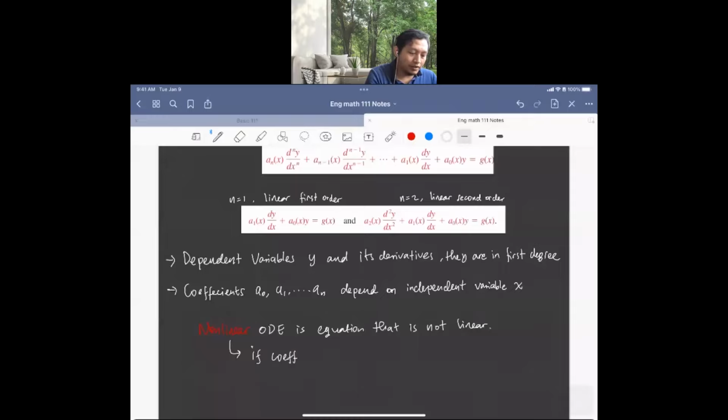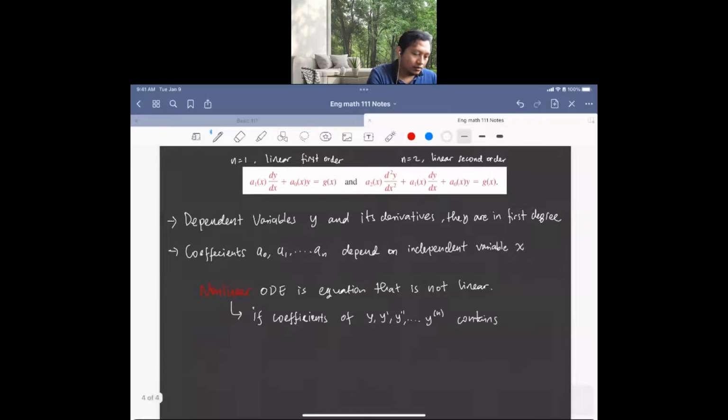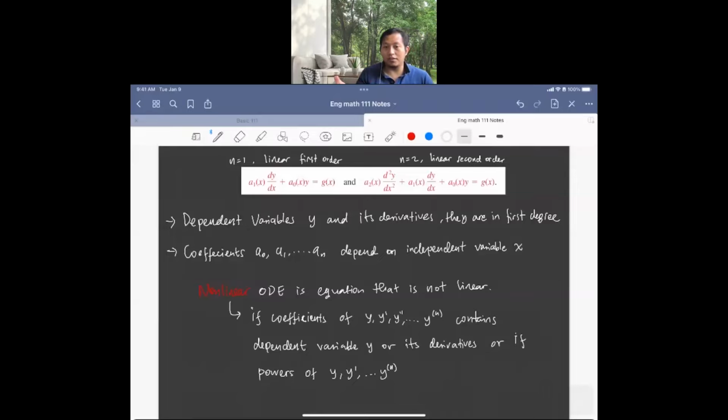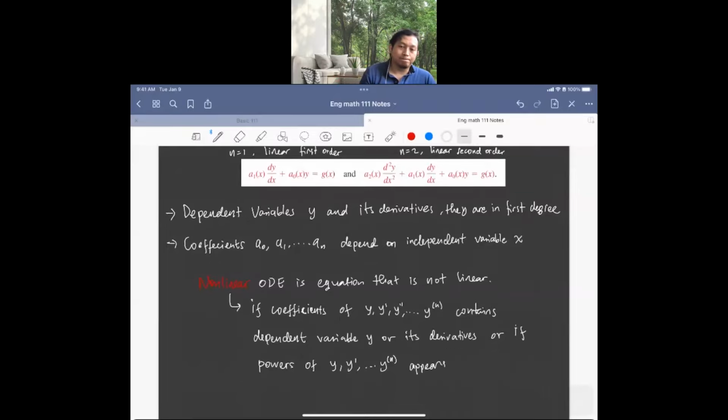For example, if coefficients of the dependent variable y contain another dependent variable y or its derivatives, or if powers of y prime appear, which means it's not linear.